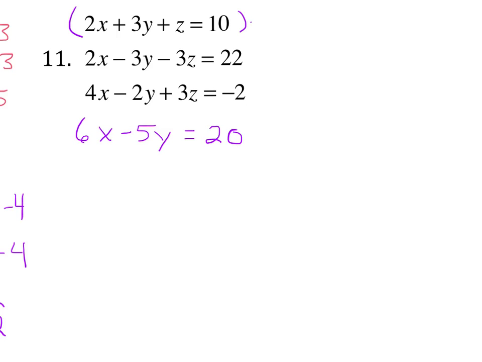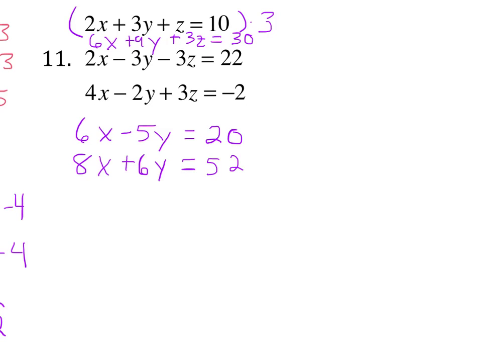So I'm going to multiply that by 3 to get 6x plus 9y plus 3z equals 30.